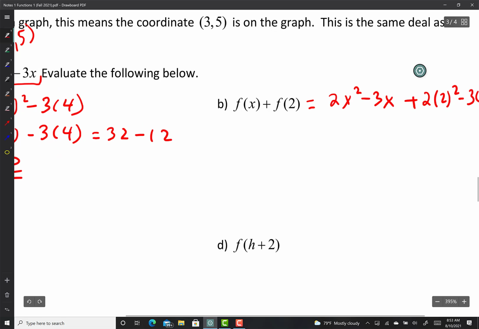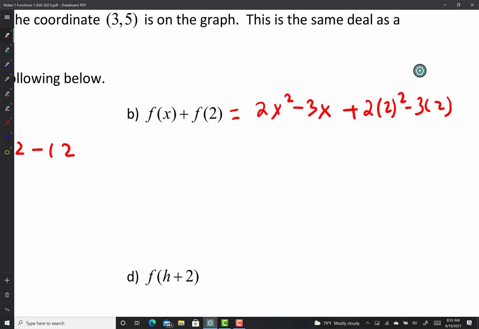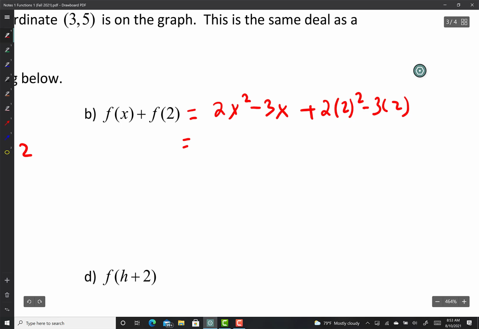And I'll zoom in, guys, so you can see the function. And then we just simplify, right? So 2x squared minus 3x plus 2 squared is 4. 4 times 2 is 8. Minus 3 times 2 is 6. And then finally, 2x squared minus 3x plus 2.